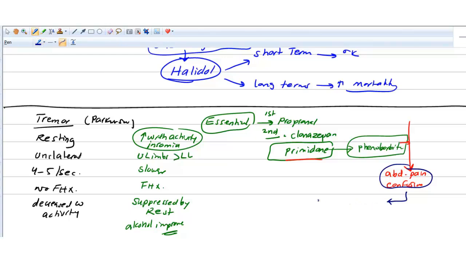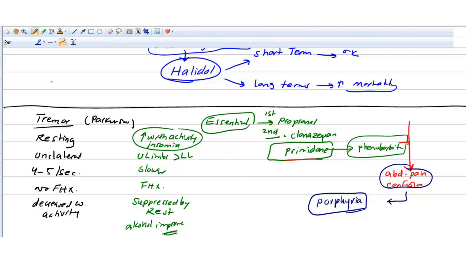I will just put porphyria, because I don't think he will ask you to differentiate. Anything about essential tremor that I forgot?